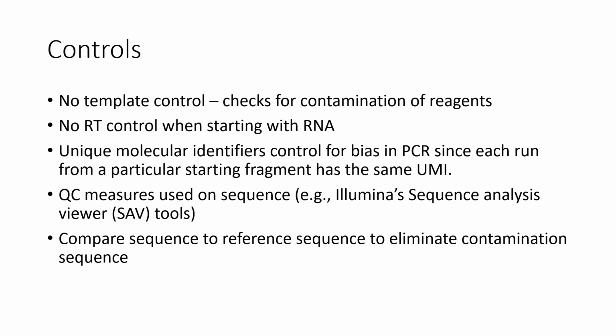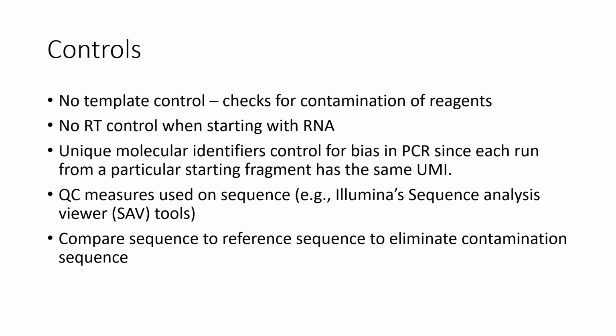The controls used in single-cell sequencing are very similar to those used for other types of next-gen sequencing. You want to have a no template control to check for contamination of your reagents. If you're starting with RNA, you also want to have a no reverse transcriptase control. The unique molecular identifiers control for bias in PCR since each read from a particular starting fragment has the same UMI.